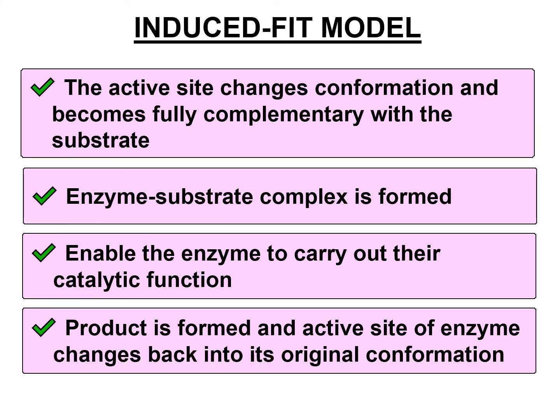So the active site changes its conformation and becomes fully complementary with the substrate. So the enzyme substrate complex is formed, enabling the enzyme to carry out its catalytic function, thus producing product, and then the active site of the enzyme will change back into its original conformation.